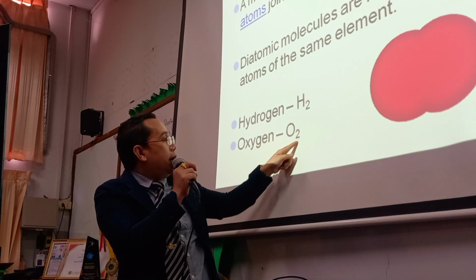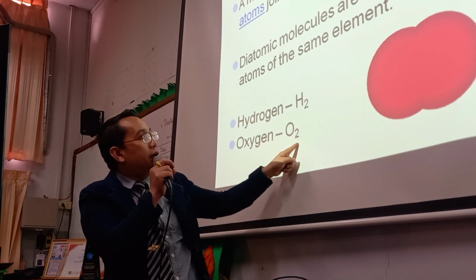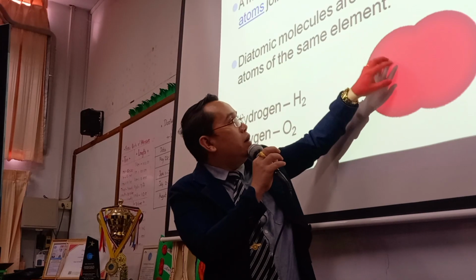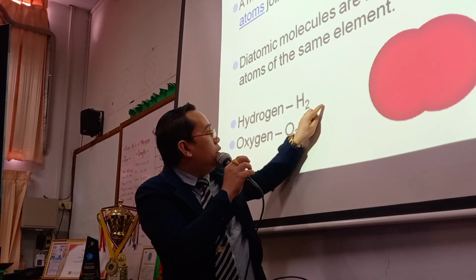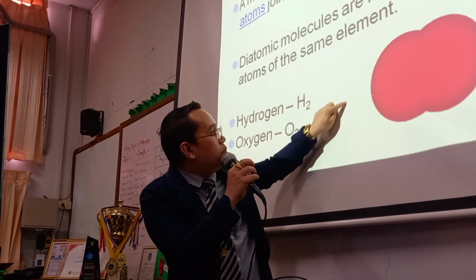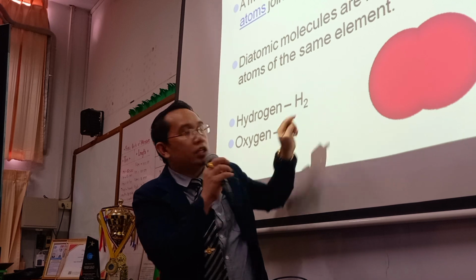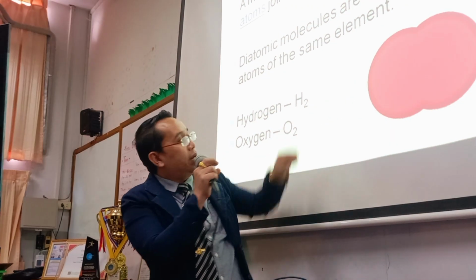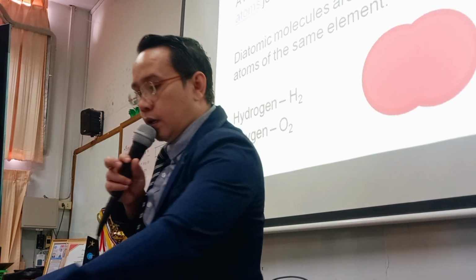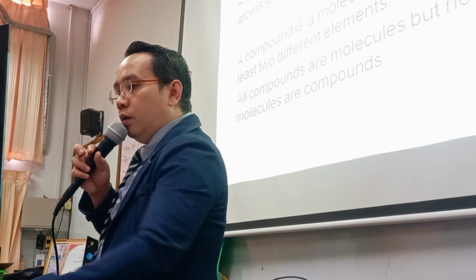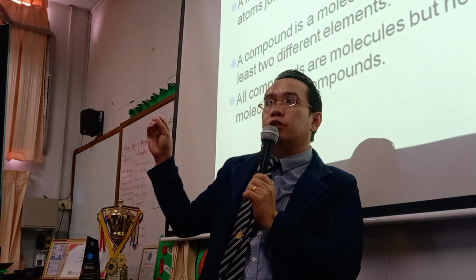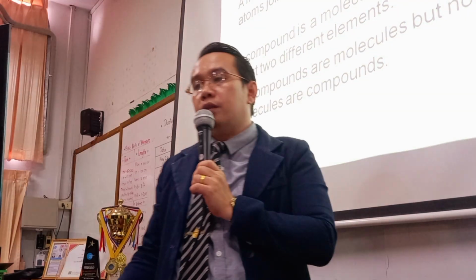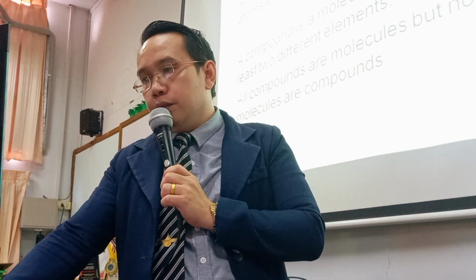Since there are 2 atoms in the diatomic pattern, once they join together we make 1 molecule of hydrogen. So this is mainly the pattern on how to identify diatomic particles.